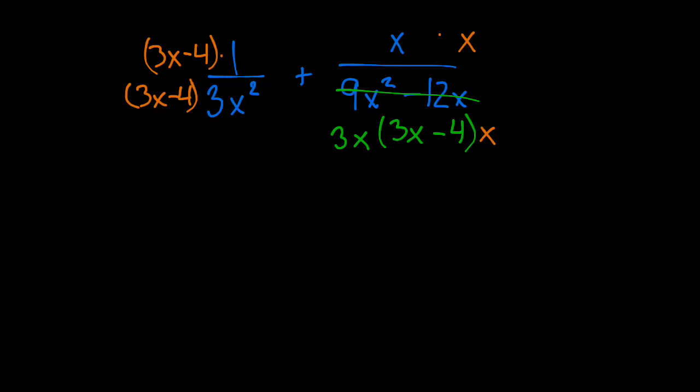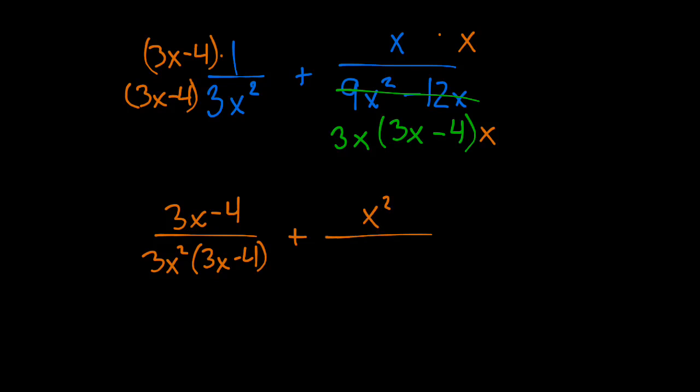So 3x minus 4 times 1, that's easy. That's just 3x minus 4. And then this is going to be over 3x squared times 3x minus 4, plus, multiply the numerator over there, x times x, so plus an x squared over 3x squared times 3x minus 4.